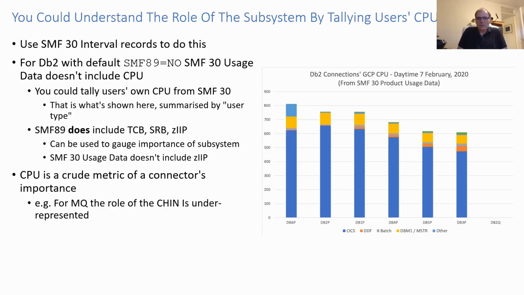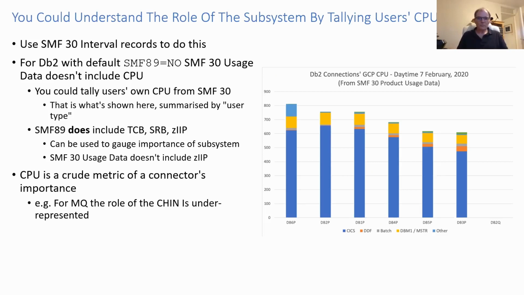But you can still do some useful work in terms of understanding the nature of the subsystem. So you could tally the users' CICS regions, batch jobs, whatever's own CPU from SMF30, and use the usage data section that points to a specific DB2 to say, maybe this, for example, if it's heavily dominated by CICS regions, the idea is this subsystem supports CICS in the day, probably batch overnight.